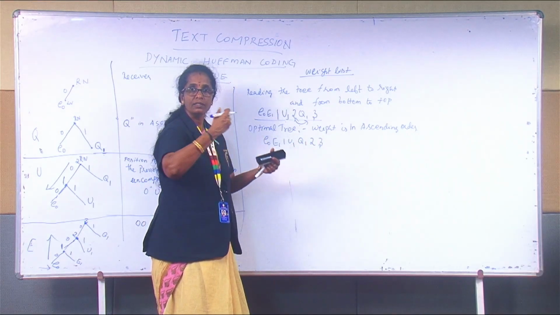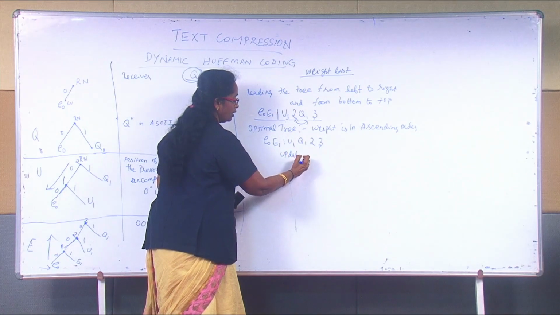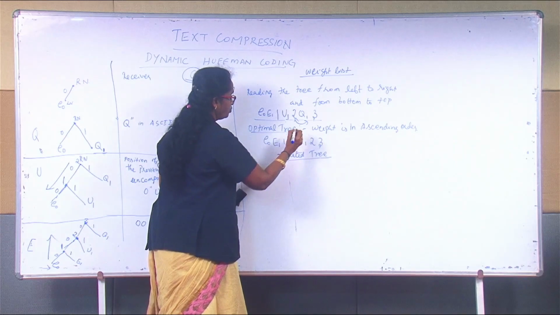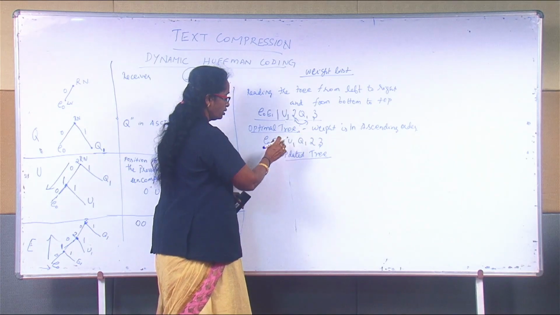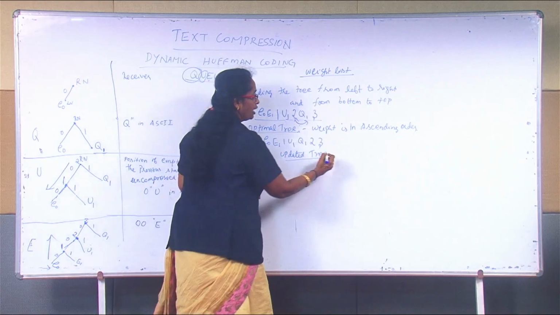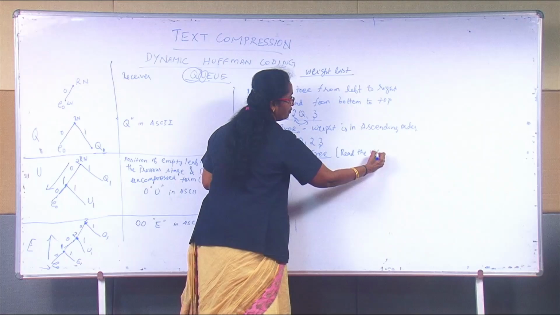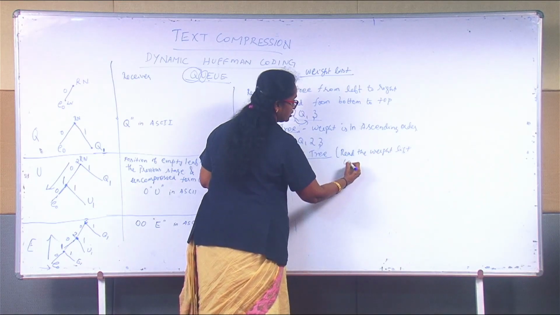Now, again the tree has to be drawn. That is, the updated tree has to be drawn. This is our optimal tree. So, how will you create an updated tree? Read the weight list.